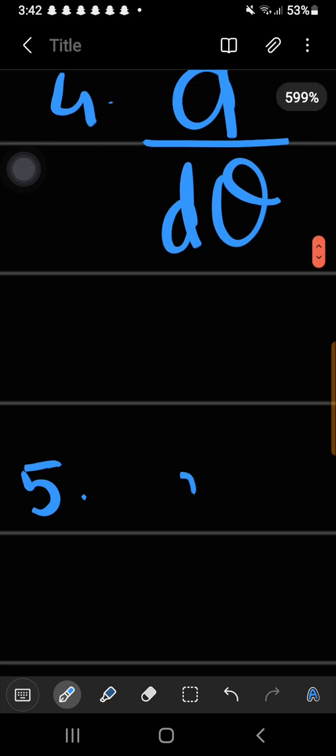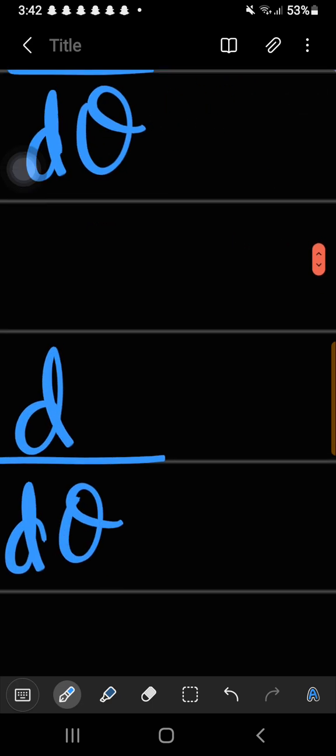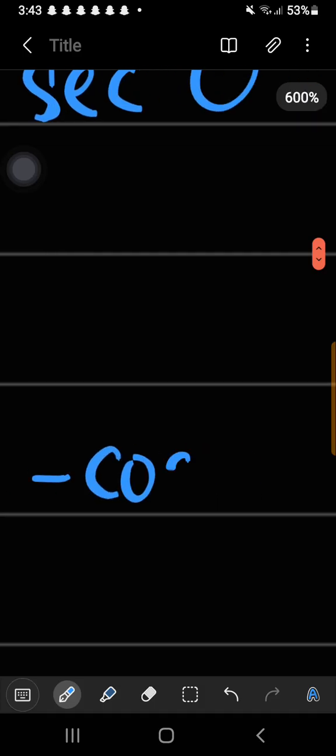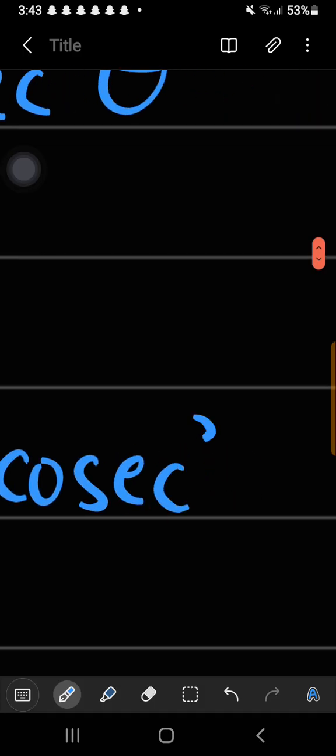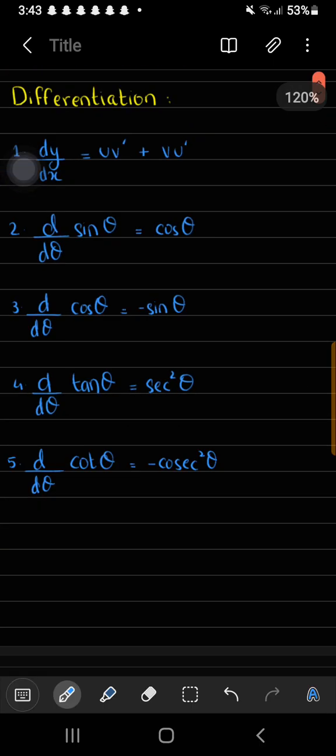Then on fifth, the differentiation is of cot theta and this is negative cosec square theta. So just look at this, the tan will become sec square theta and the cot will become negative cosec square theta.